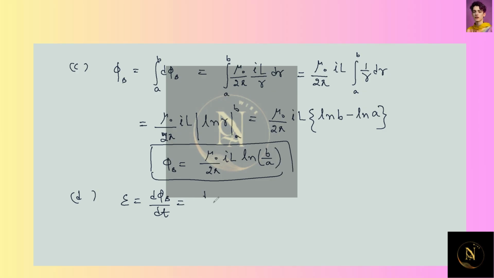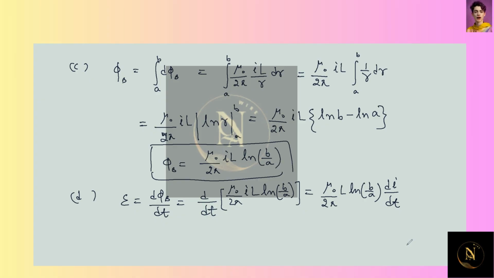If I differentiate this flux, which was mu naught by 2 pi I L natural logarithm of the ratio of b with a, here only I, the current, is variable, and all other things being constant are taken out. So it becomes mu naught by 2 pi L times the natural logarithm of b by a multiplied by di by dt. This is the expression for the EMF induced.